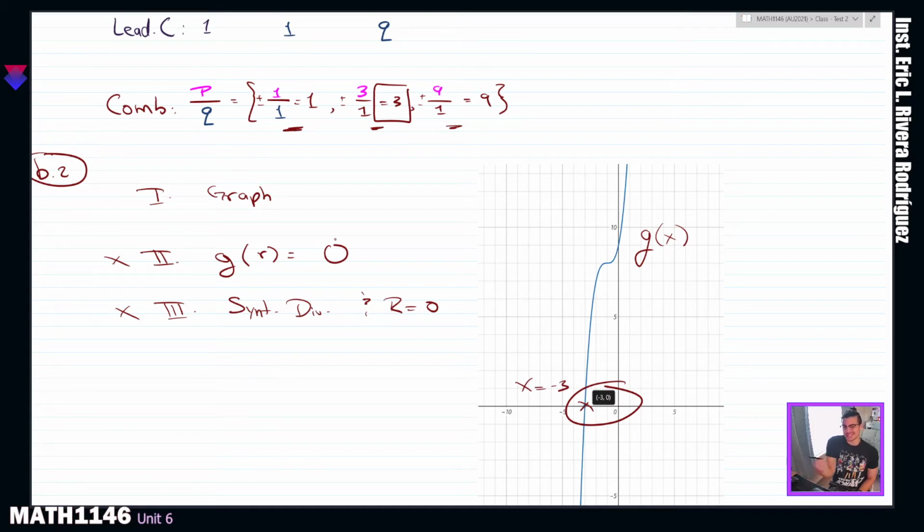So there is just one real zero here, and it is -3. This is what you want to do: after you make the list, you don't want to go through all the numbers, go straight to the graph, and identify whether any real zero is there.